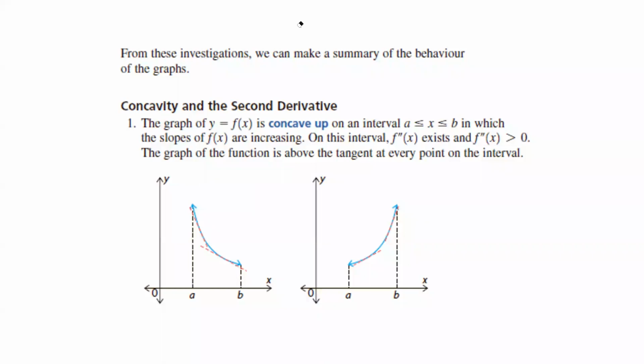So a simple way of putting it is that if the slope of the tangent is increasing, it's concave up.